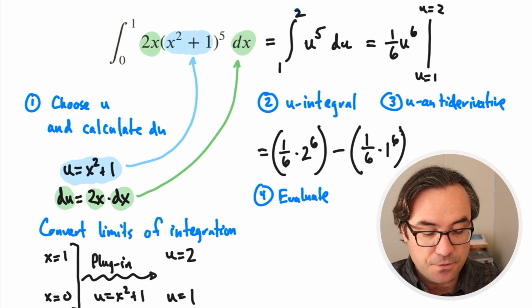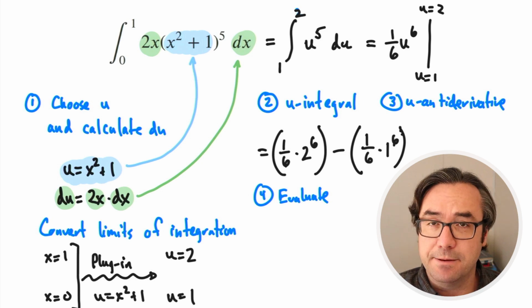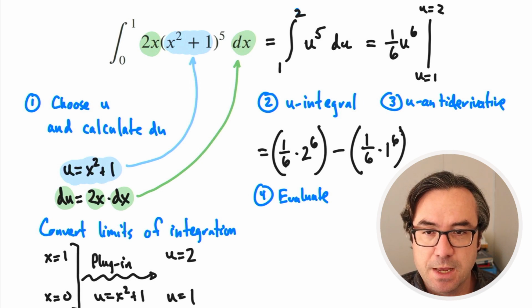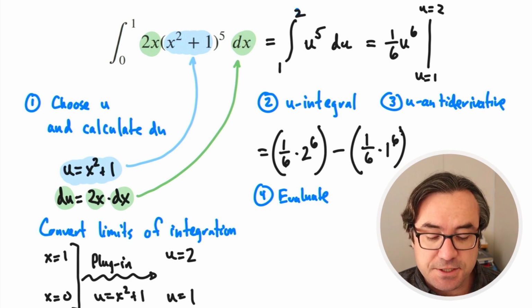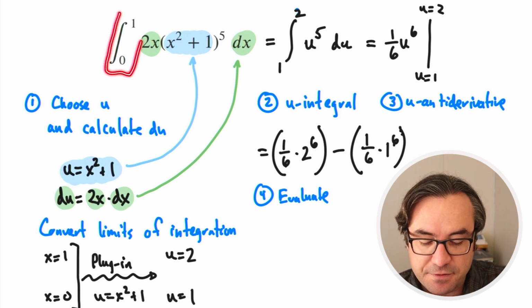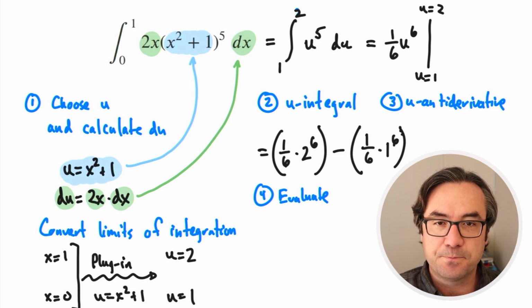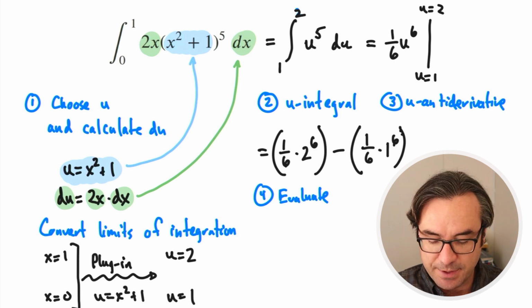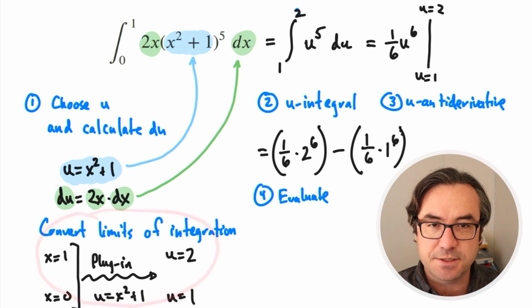So this is one way that we can do definite integrals with substitution rule. We'll see the other method in class, and just as a preview, the other method is we leave these limits of integration alone, so we don't have to do this step up front.